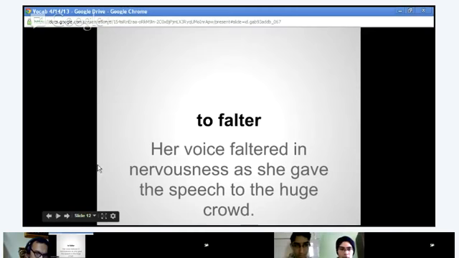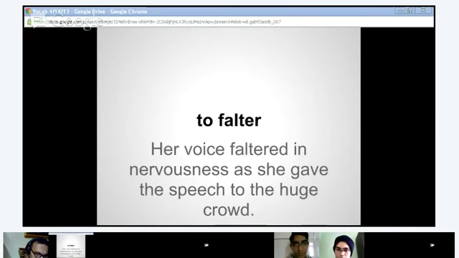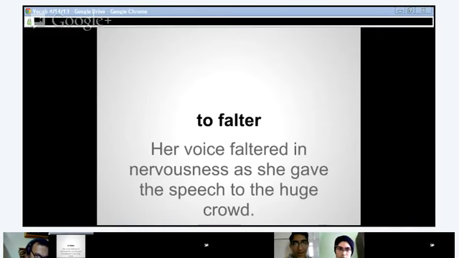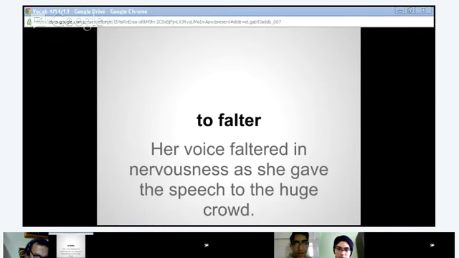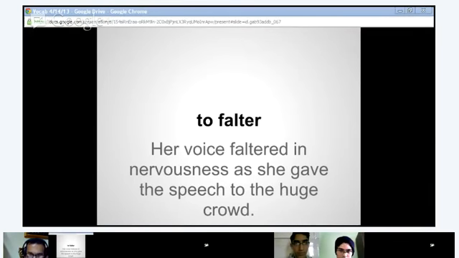Okay, next we have to falter, to falter. Mehdi, could you read it? "Her voice faltered in nervousness as she gave the speech to the huge crowd." Okay, very good. So what do you think it means? Do you know this one, to falter?